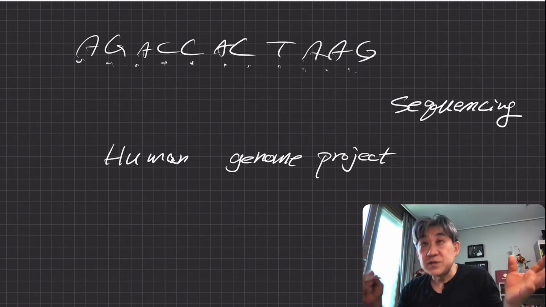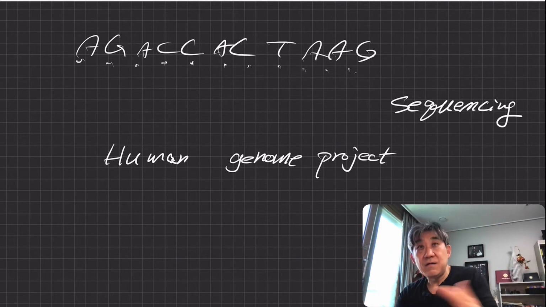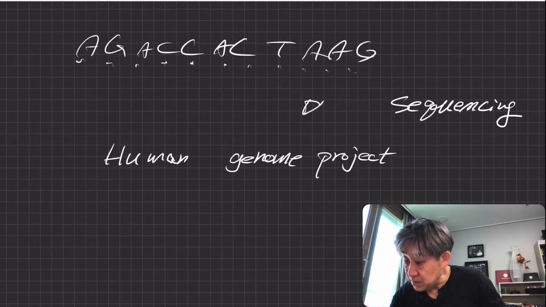So 3.3 billion DNA nucleotide base pairs, more than 3 billion nucleotide bases, were for the first time read and the order identified in terms of DNA sequencing. That was the DNA sequencing.